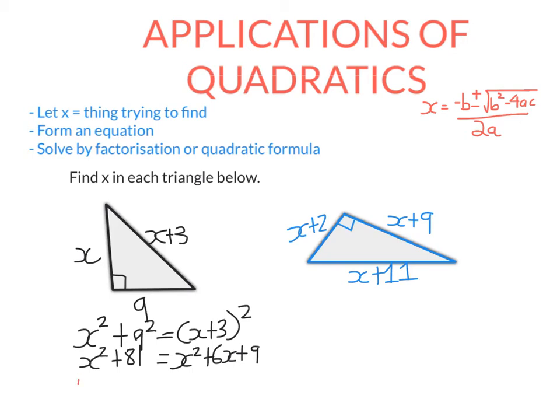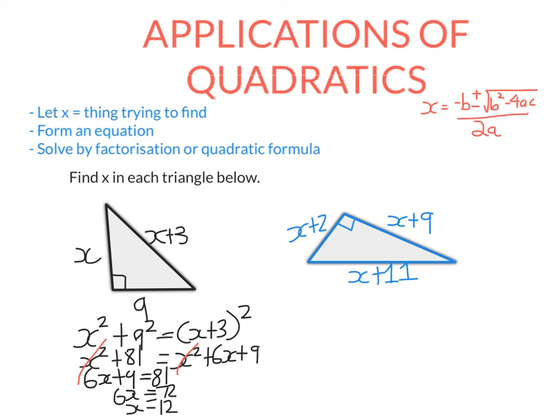So I can subtract x squared from both sides and it will actually cancel each other out. This one actually reduces to a linear equation. I have 6x plus 9 equals 81. Subtract 9 from both sides and then divide each side by 6. So I get here x equals 12.